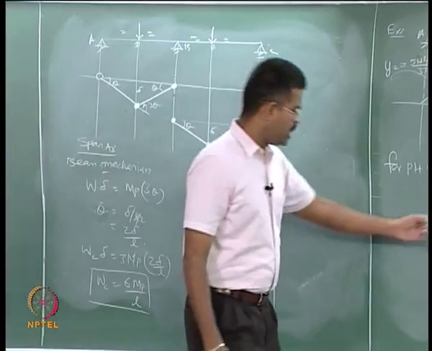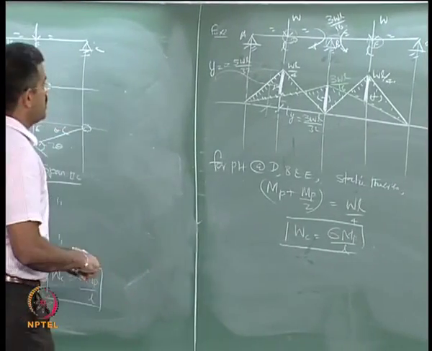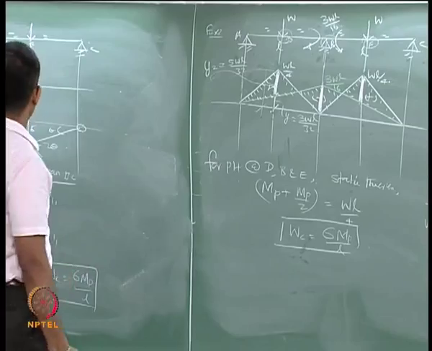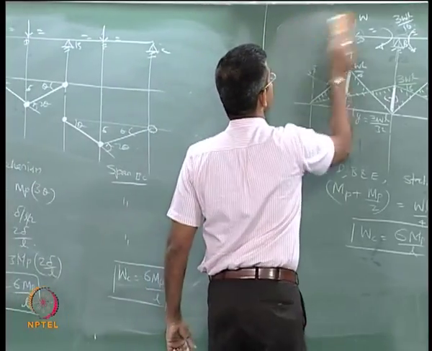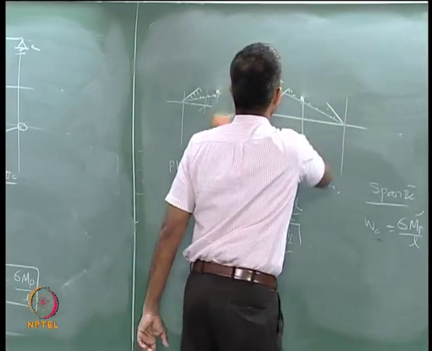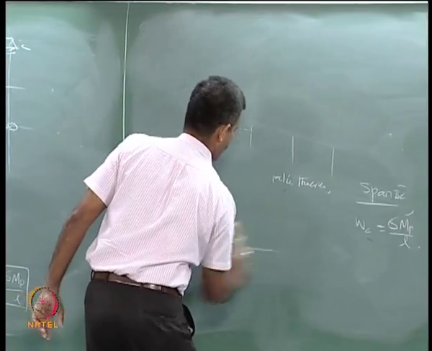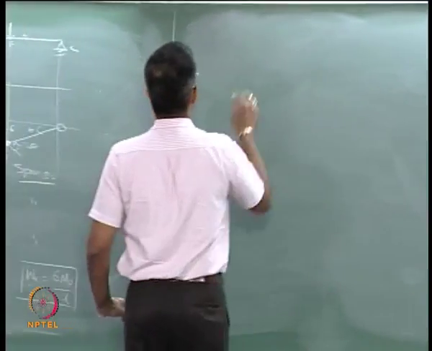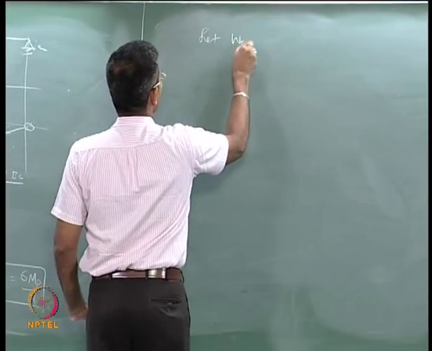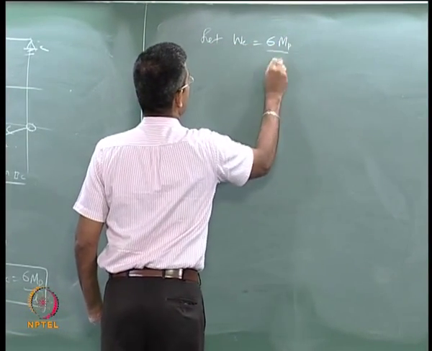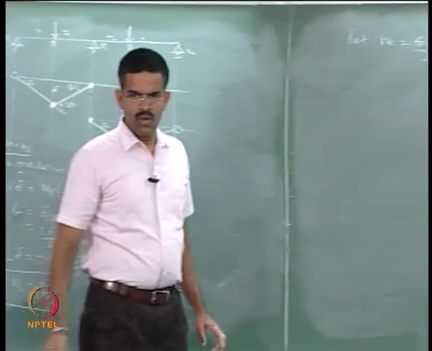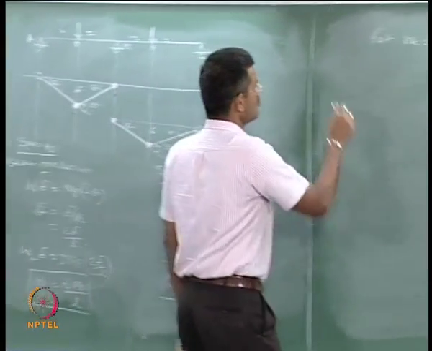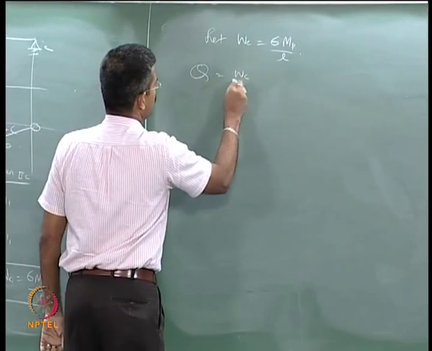Okay. Let us pick up this example quickly to demonstrate how we do the design from this. Let us rub this. See, for this example let us say we know that WC is 6 MP by L. Okay. We also know the load factor Q is WC by WW.